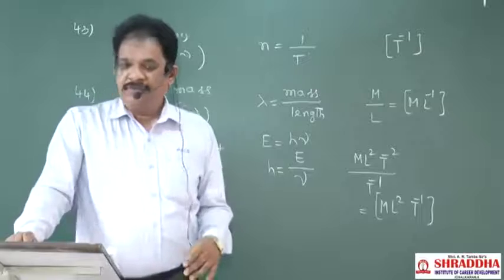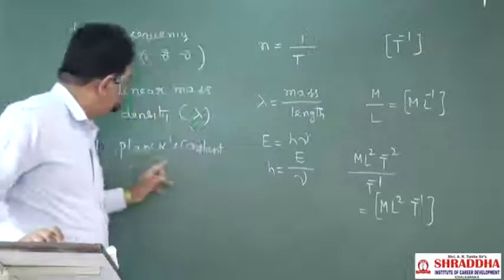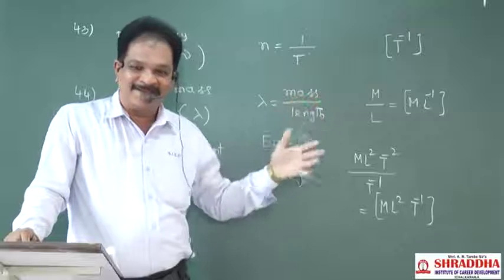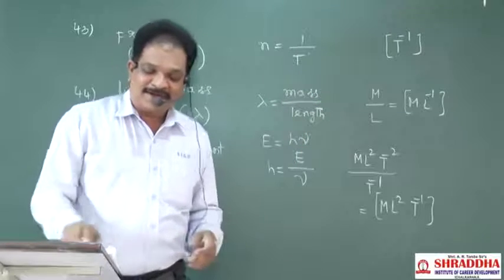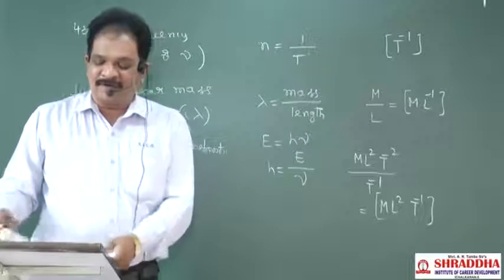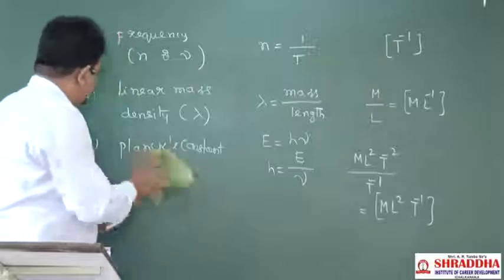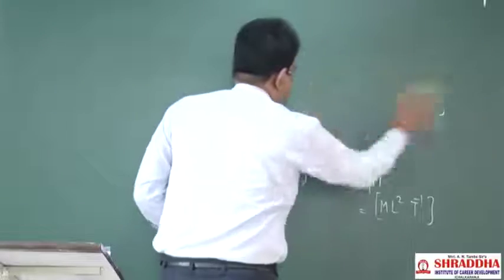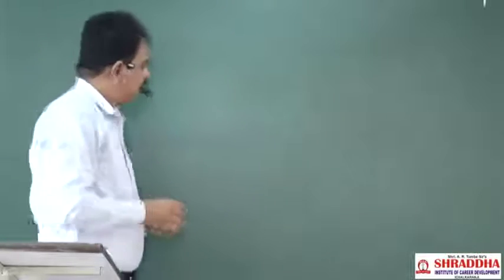Clear? So 10 dimensional formulas are completed. After each 10 I am again revising all those 10. Try to understand what we completed in this class. I think we started from 36 onwards.